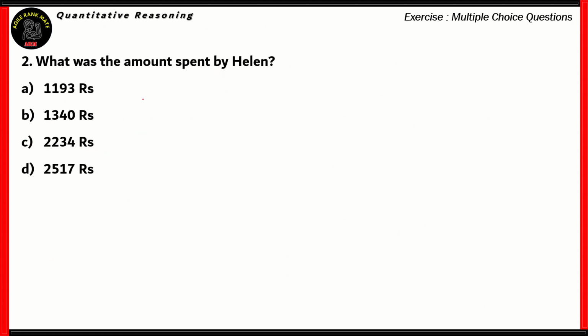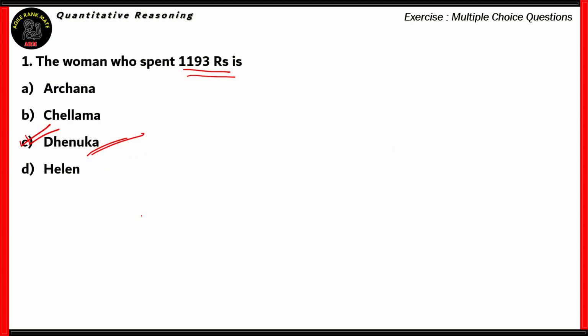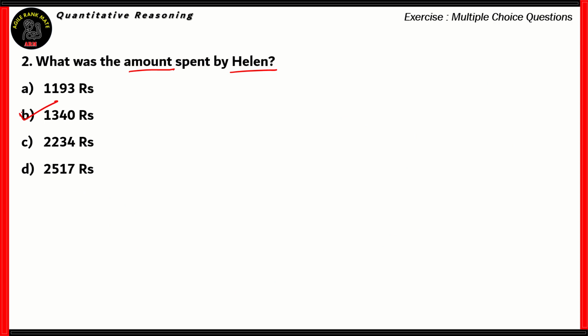If we look at question number 2, we're asked what was the amount spent by Helen. We can see that she spent 1,340 rupees. So therefore, option B, 1340, turns out to be the right option.